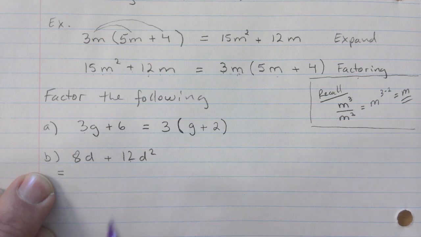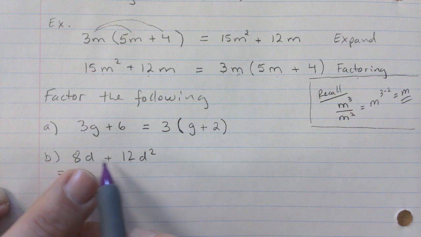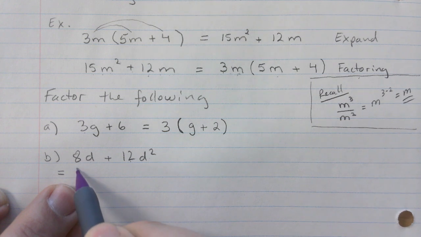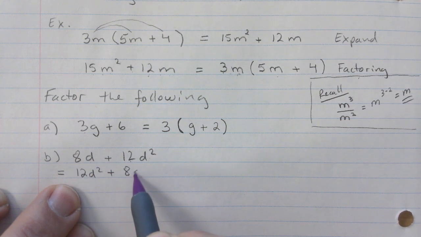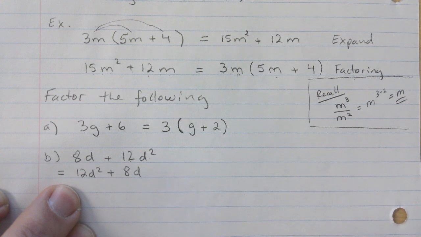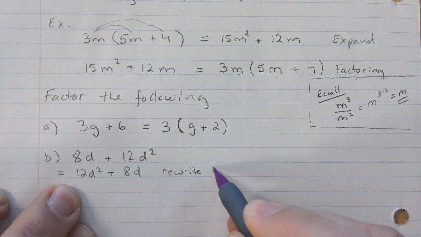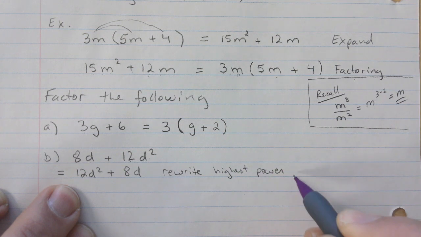For convention reasons, I'm going to ask you to rewrite this, okay? Whenever you have the highest power at the end, I'm going to ask you to rewrite it. So let's go 12d squared plus 8d. Rewrite, highest power up front.